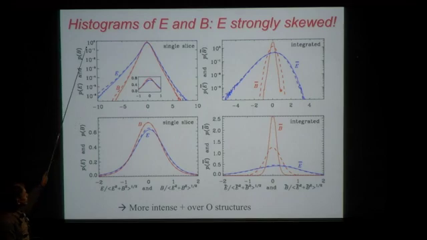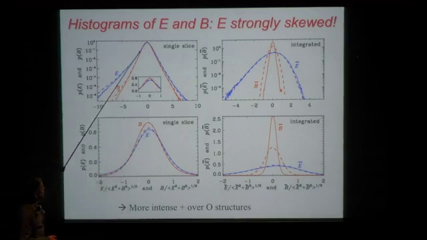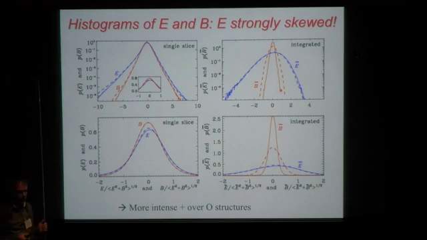Looking at the histograms of E and B, we see that the E polarization is strongly skewed to the left. And so that is interesting. It means that the negative patterns, which correspond to the plus structures, are much more intense or much more extreme than the O-like ones, the rings.